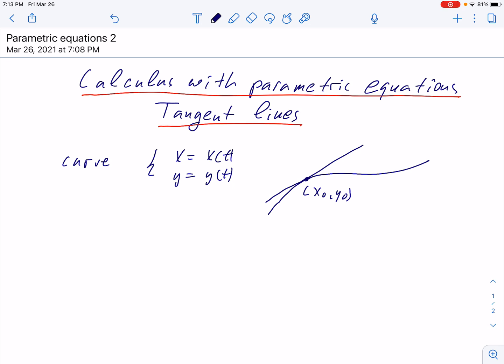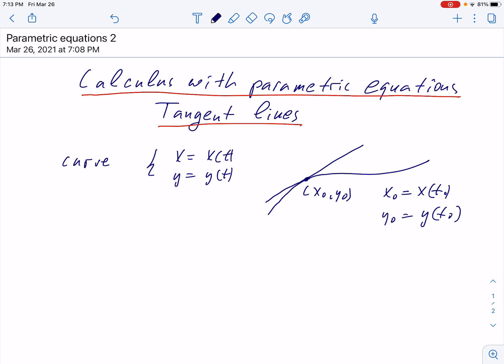Here, x0 is the value of x at some value of parameter t0, and y0 is y of t0. How to construct this tangent line, how to write the equation. Now let's remember how we write the Cartesian equation of a tangent line.